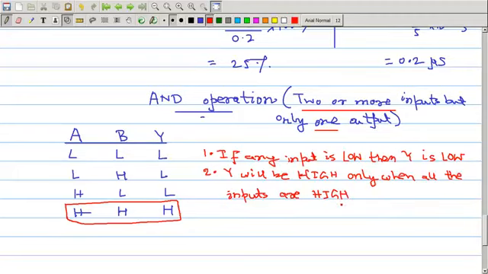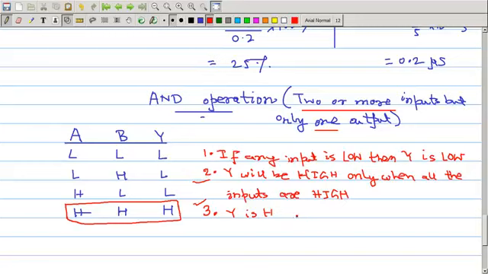Capital Y will be high only when all the inputs are high. Very important observation. If it has three inputs, then only when all three are high will you get the output to be high. And the number 3 that you get over here, that Y is high, is just an alternative form of 2. 2 and 3 are basically identical.